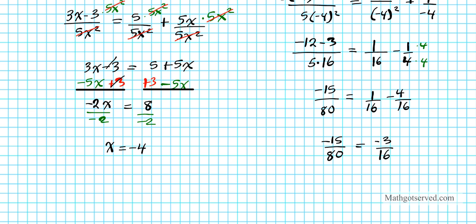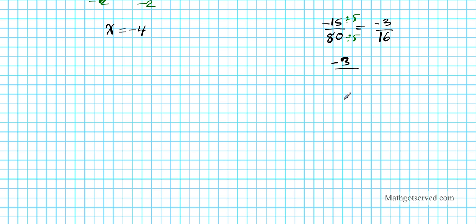Now these two have a common factor of 5, so I can divide this by 5, top and bottom. So negative 15 divided by 5 is negative 3, and then 80 divided by 5 is 16. So is negative 3 over 16 equal to negative 3 over 16? Absolutely. So we're confident that our answer is in fact correct. All right. So there you have it.